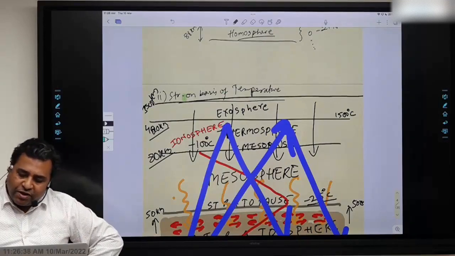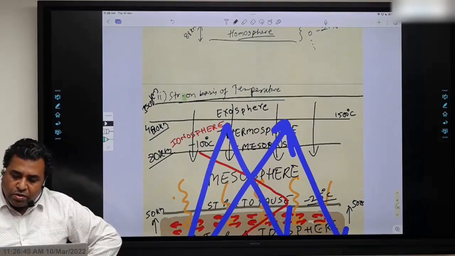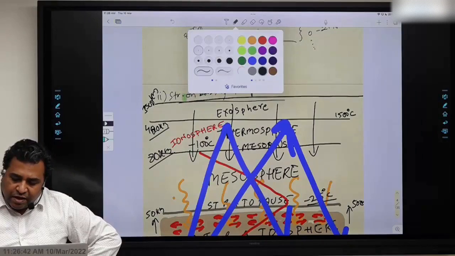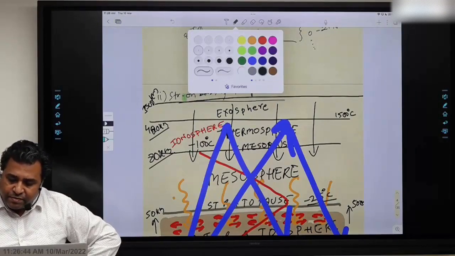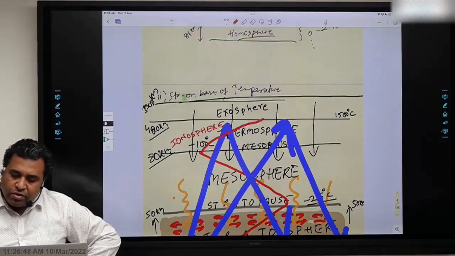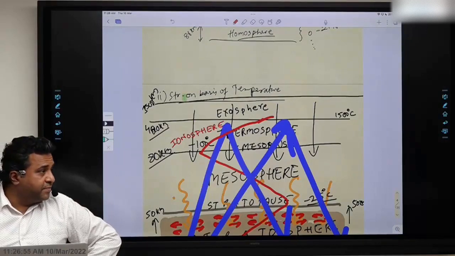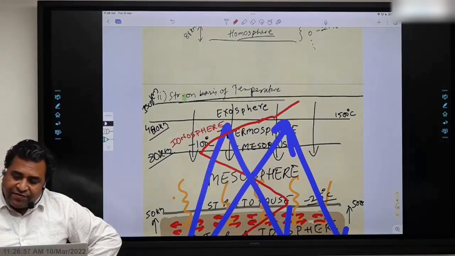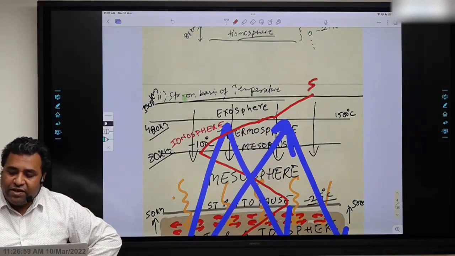And here also the temperature goes on to increase. What did we see in the thermosphere? The temperature was increasing, and here also, and up to what degree was it increasing? 1500 degrees in the thermosphere. Here it increases further up to 5000 degrees Celsius.